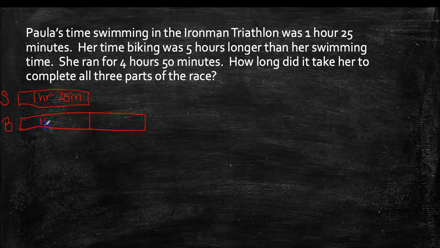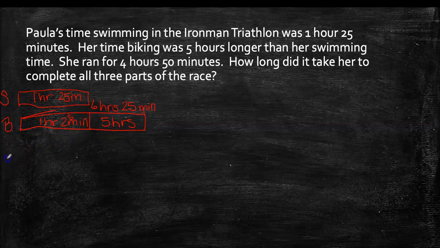So this is 1 hour, 25 minutes, and this is 5 hours. So for her total time, her biking was 6 hours, 25 minutes. So that is her total time that she biked, was 5 hours longer than her swimming time.